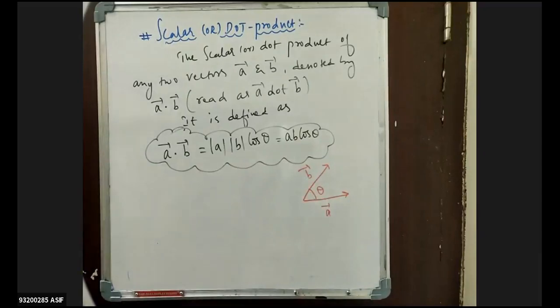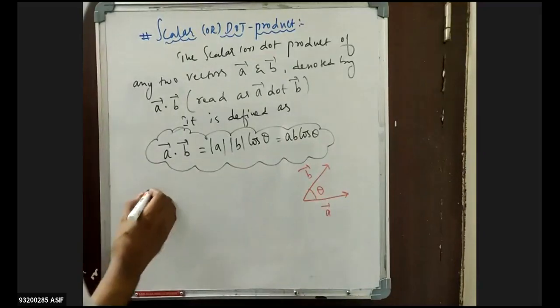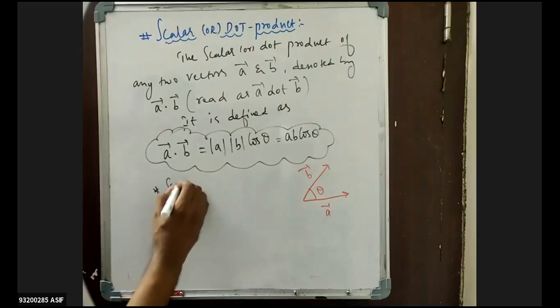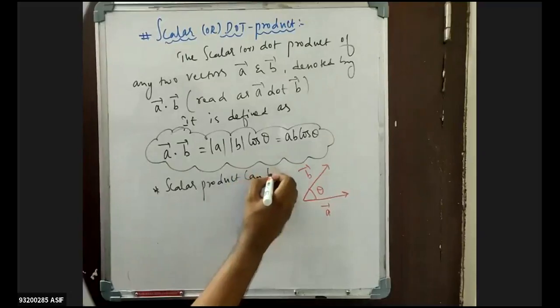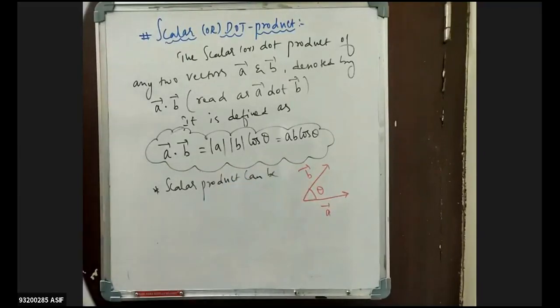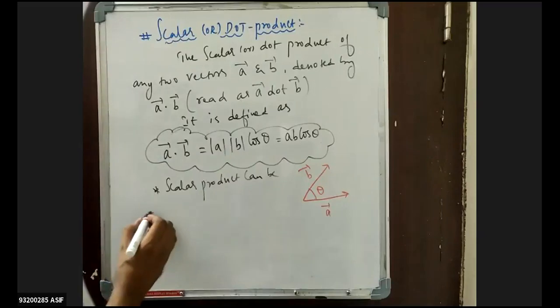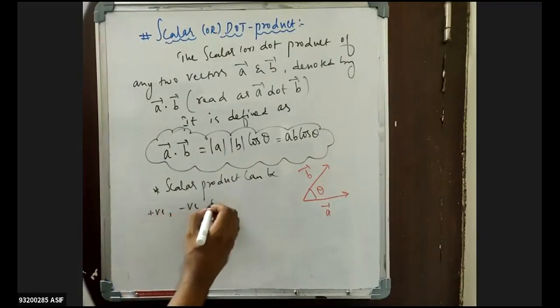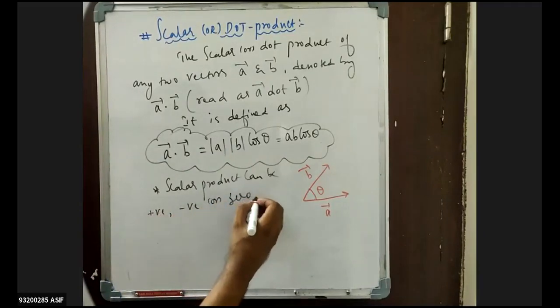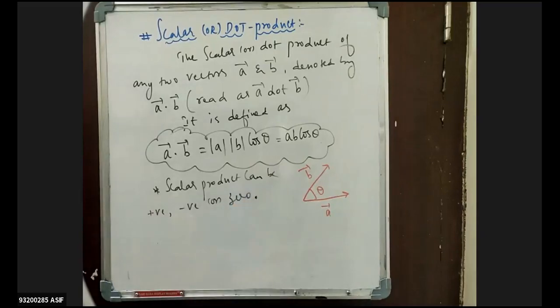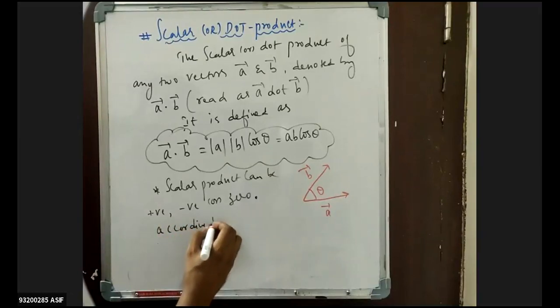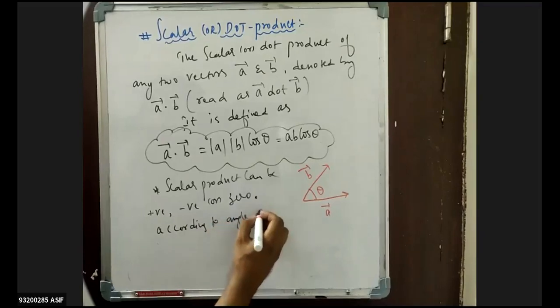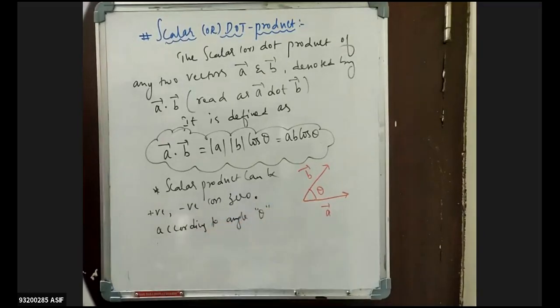Even if you need to write, you can write that point also, keeping a star mark. Dot scalar product may be either positive, negative, or zero, which depends on the angle theta.